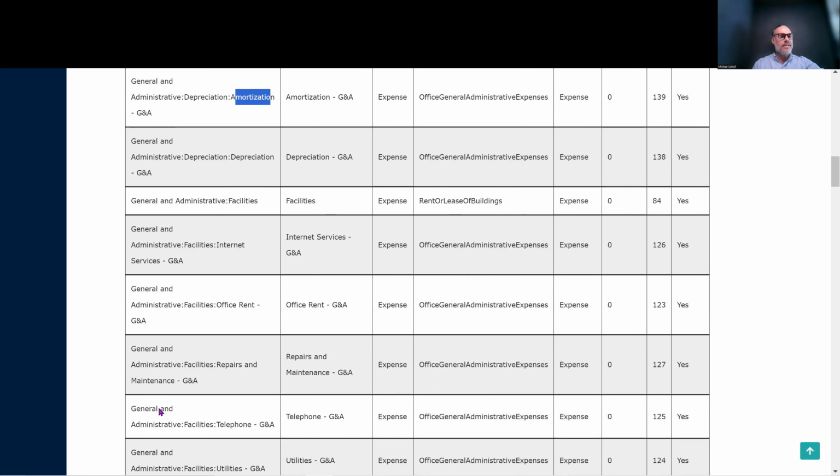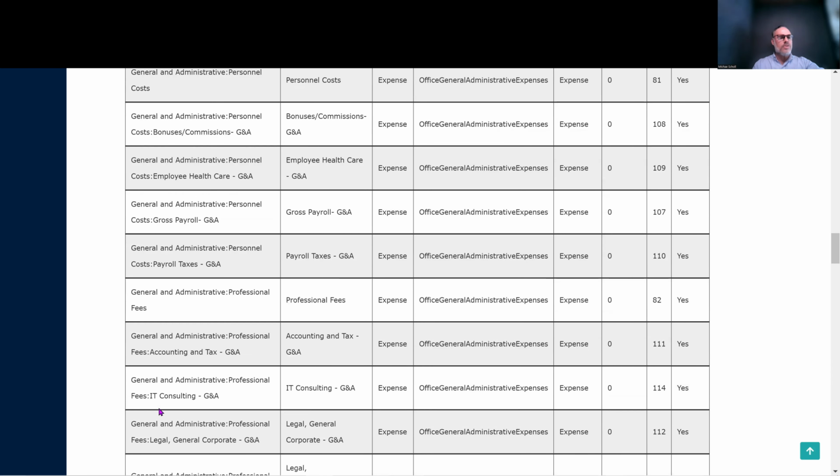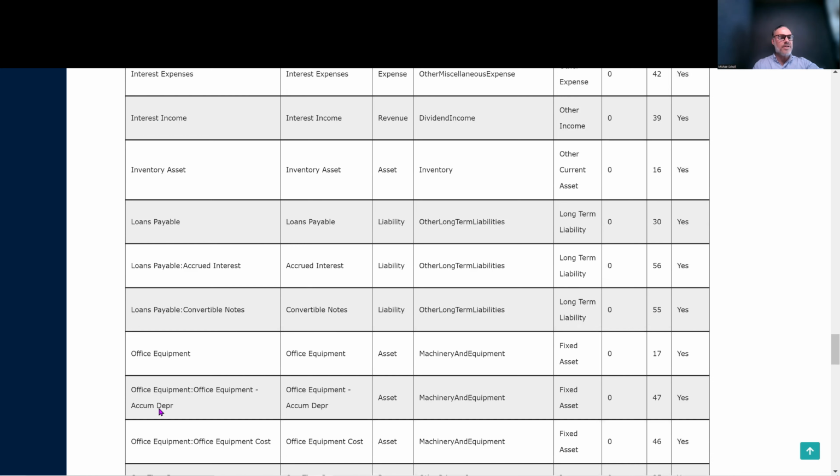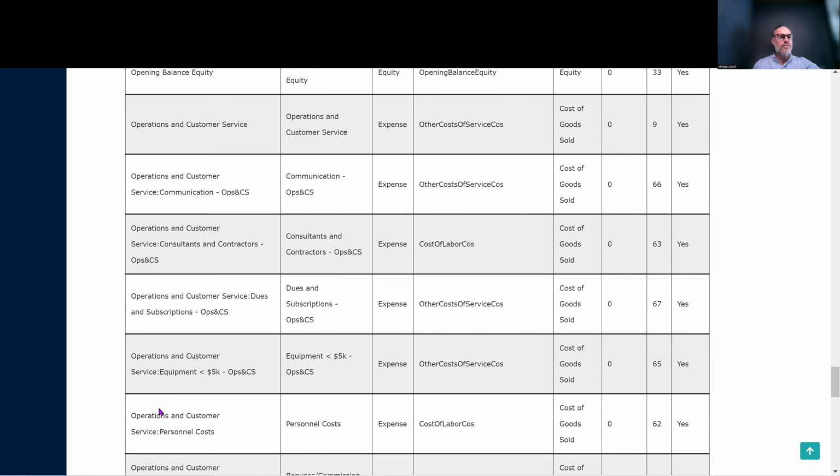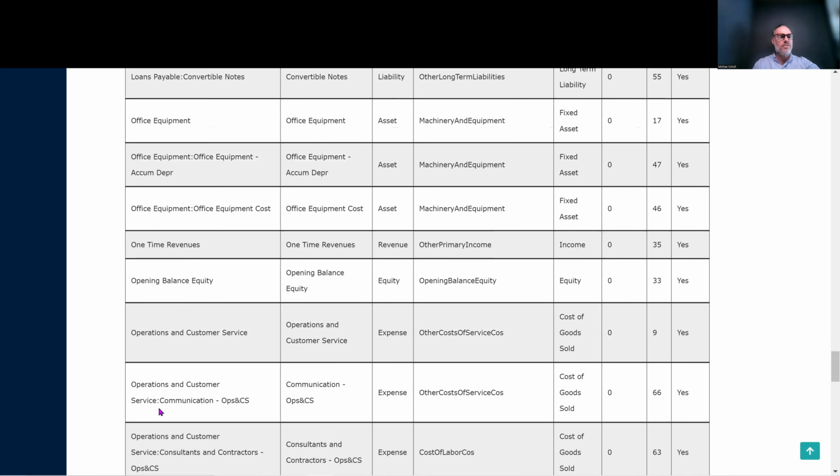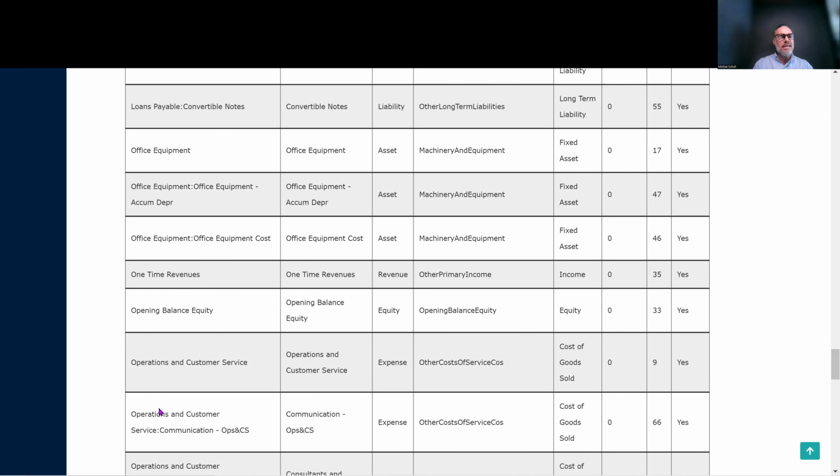That's just one example, but you can come down here and see it's very detailed, and it allows for very detailed reporting. This is key, particularly when you're talking about SaaS, where we know that reporting things like customer acquisition cost, or what the LTV is, properly matters.